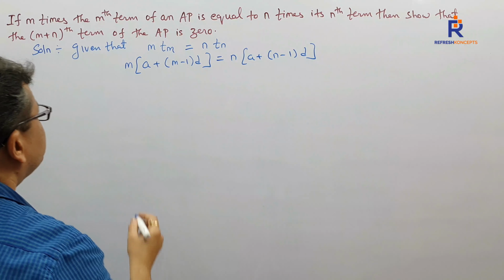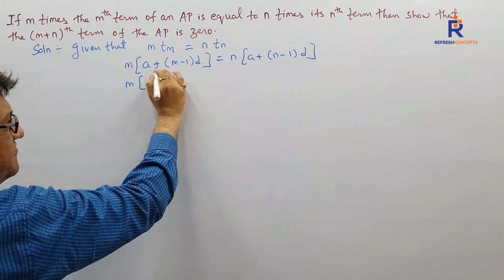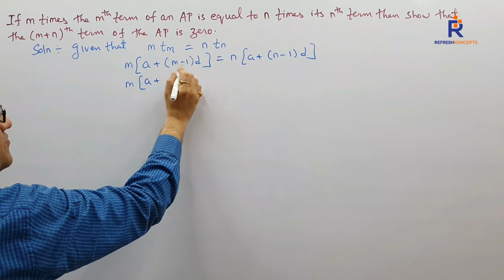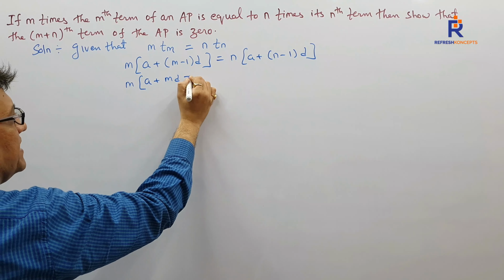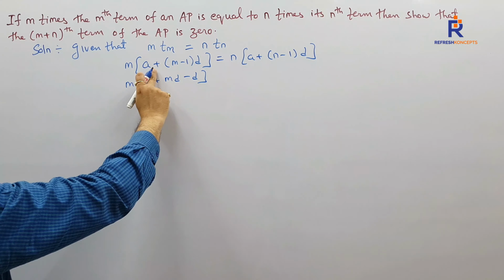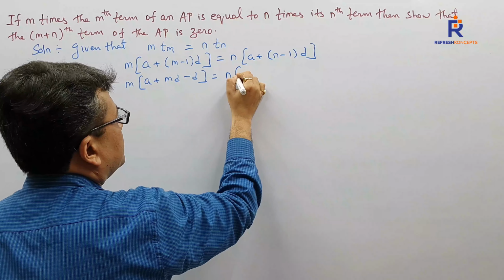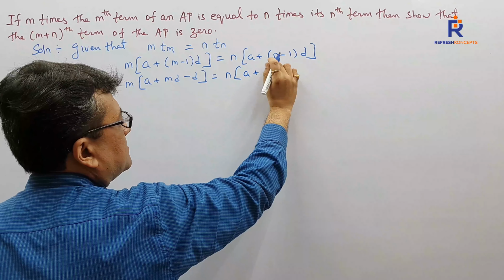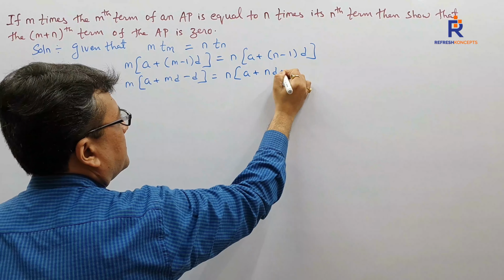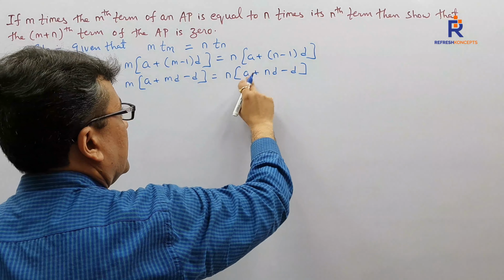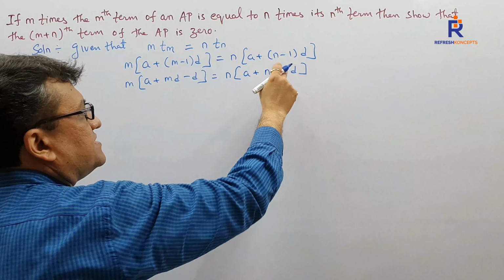Let's start solving. M, solve the inner parenthesis first: a plus md minus d. Am I right? A plus md minus d. N, a plus nd minus d. A plus nd minus d.